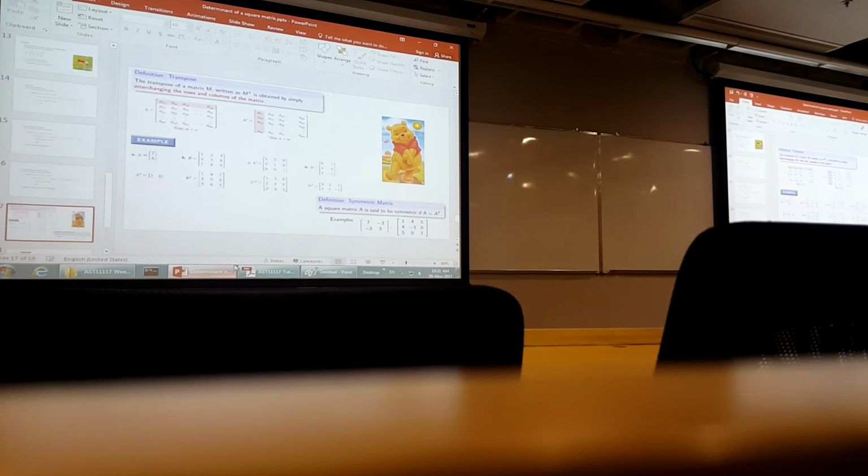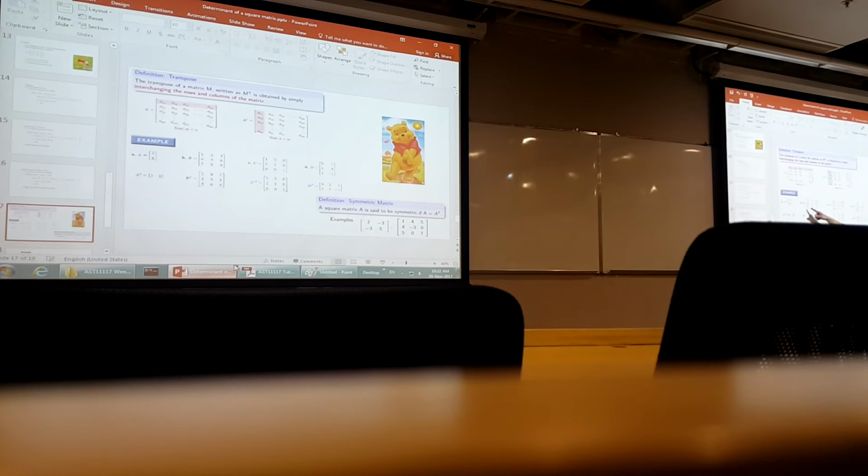Transpose is something easy. Transpose does not demand a square matrix. Any matrix can have its transpose. Transpose just puts columns into rows, or conversely, puts rows into columns.